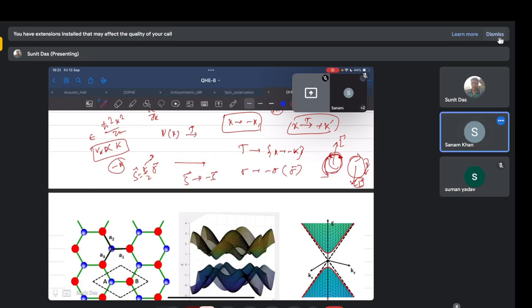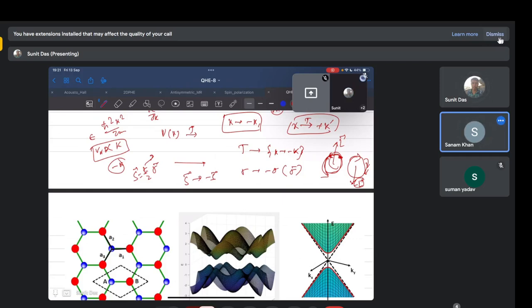Okay. A few questions regarding time reversal symmetry, just for understanding. When we consider graphene, we try to break the time reversal symmetry in order to get the topological insulator thing.